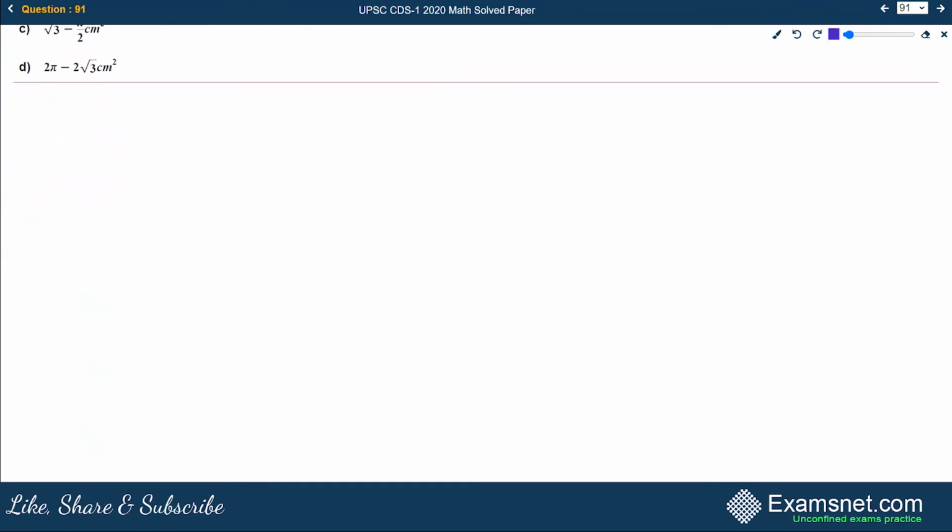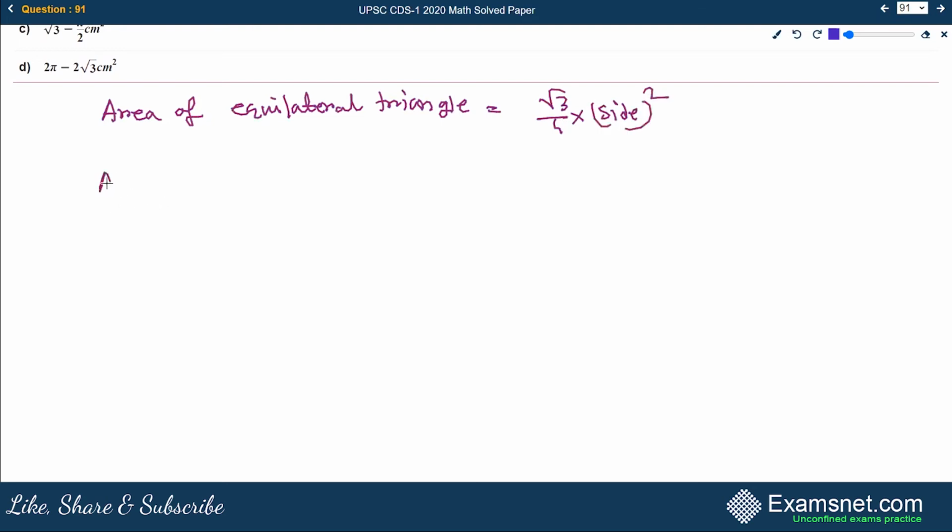So those are area of equilateral triangle, that is 3 by 4 multiplied by side whole square. Also area of a sector with angle theta.